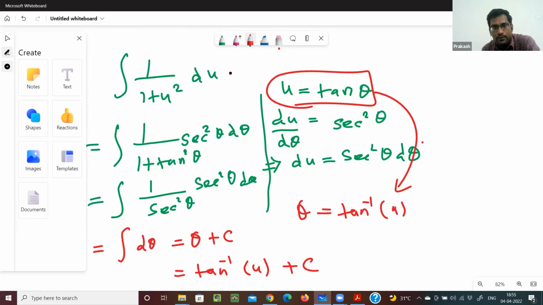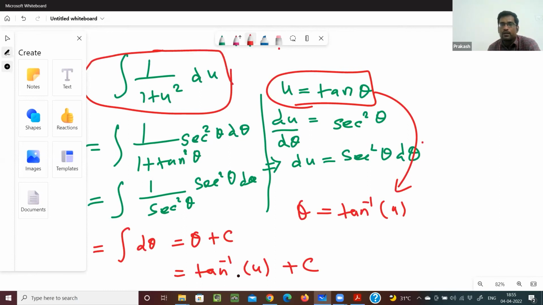In general this integral evaluation is not easy, but here we are using some trigonometry identities to evaluate it. It is very easy if you know the trigonometry identities. Otherwise, this evaluation is not easy.